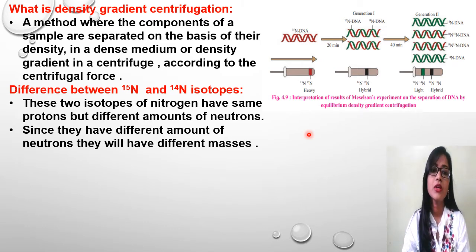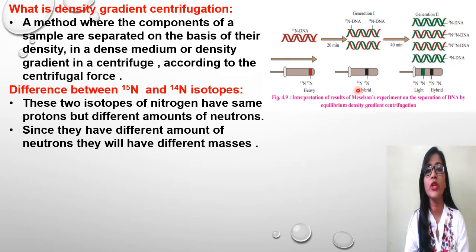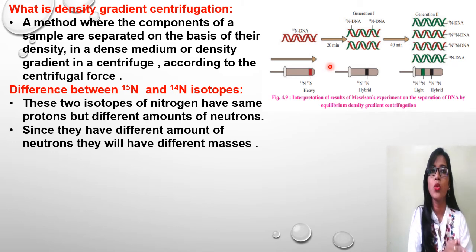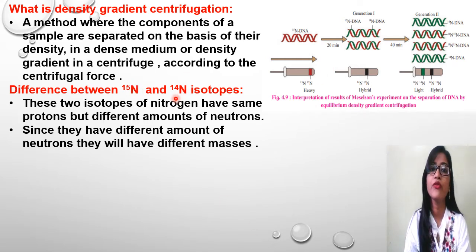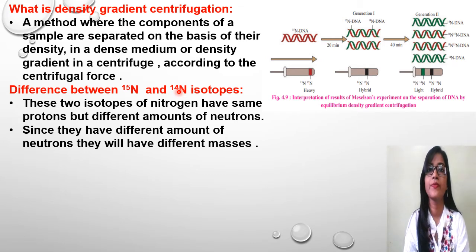Since nitrogen is found in the nitrogen bases of each of the nucleotides, they decided to use an isotope of nitrogen to distinguish between the parent and the newly copied DNA, that is, the old strand and the newly synthesized DNA. The isotope of nitrogen had an extra neutron in the nucleus, which made it heavier. So nitrogen N15 is heavier than N14, and N14 is comparatively lighter in weight than N15.